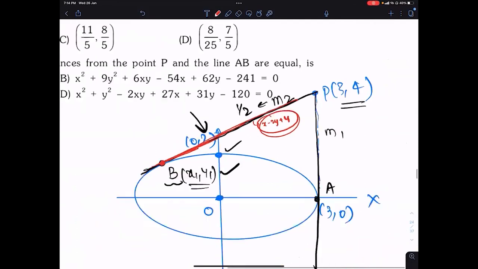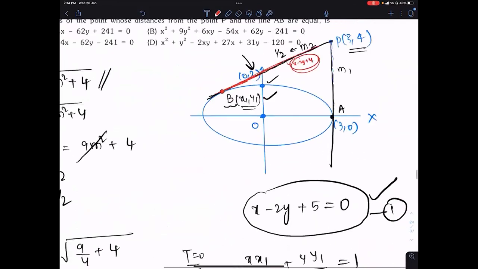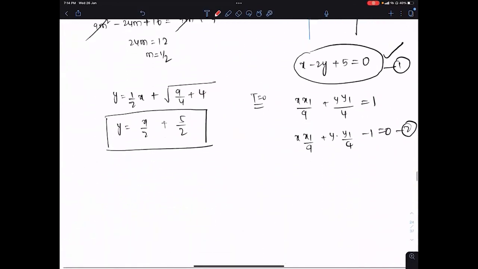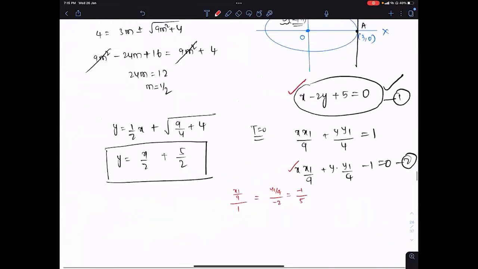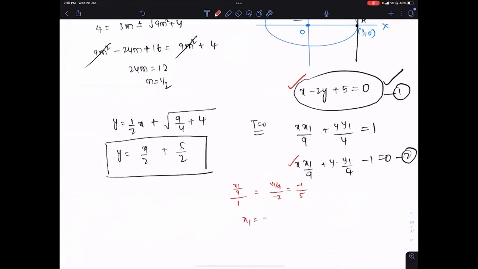So what is the equation of the tangent at x1, y1? We have written that, it is this. And it must be the same as x minus 2y plus 5. So compare. You'll get x1 by 9 divided by the x coefficient 1, y1 by 4 divided by the y coefficient minus 2, equals minus 1 divided by the constant 5. So if you simplify, you will get x1 equals minus 9 by 5 and y1 equals 8 by 5. That is what is there.